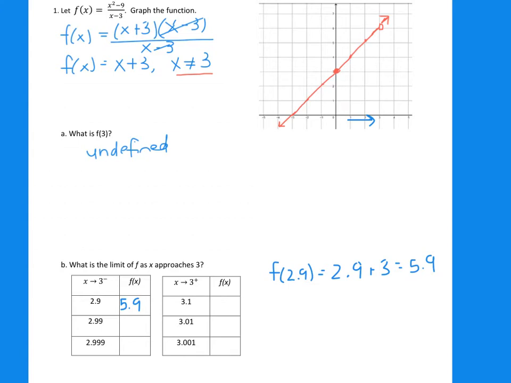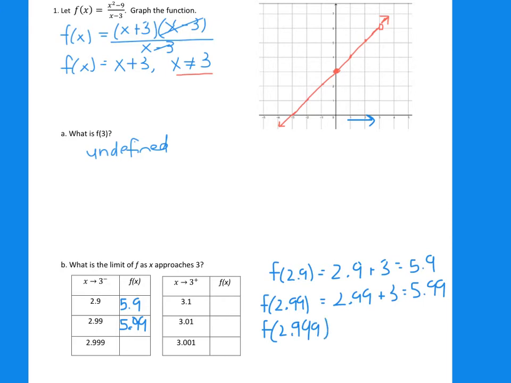Okay, now what if we try 2.99? That allows us to approach 3 even closer from the left. So then we're looking at 2.99 in for x plus 3. So we get 5.99 as our function value. Okay, and then if we continue to get even closer to 3 from the left, we could use, say, 2.999.